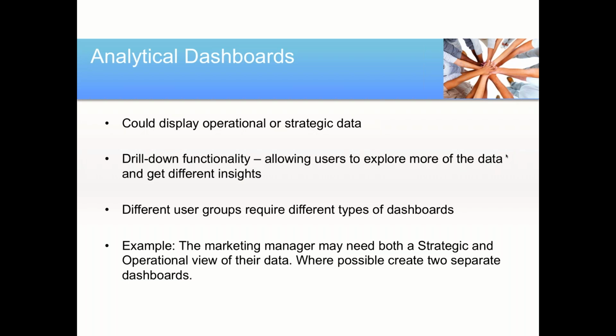Some users may be accustomed to seeing dashboards with bar charts, or they like to see pie charts. A good example of this is that a marketing manager may need both a strategic and operational view of their data, where possibly we can create two separate dashboards, one for strategic and one for operational data.